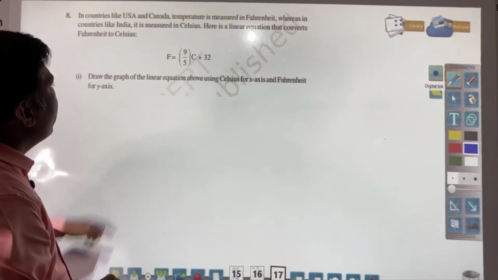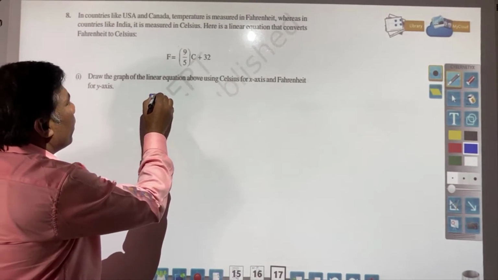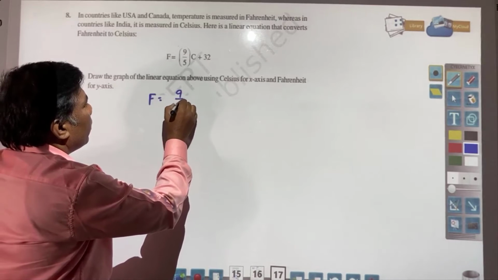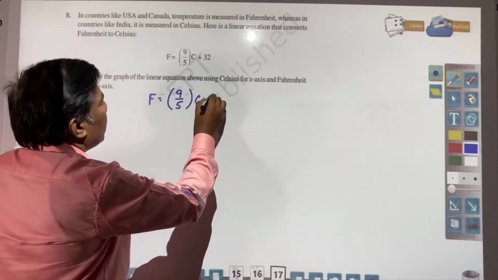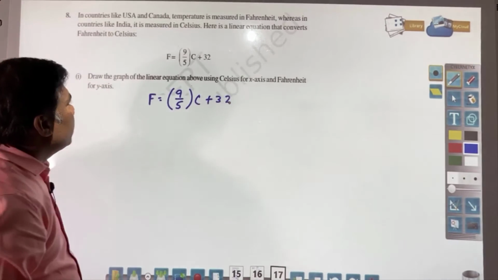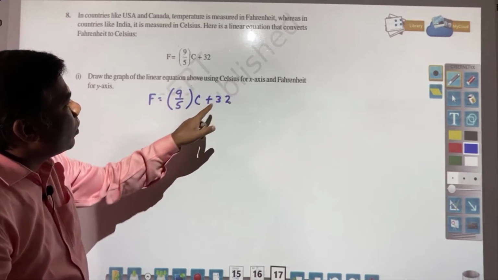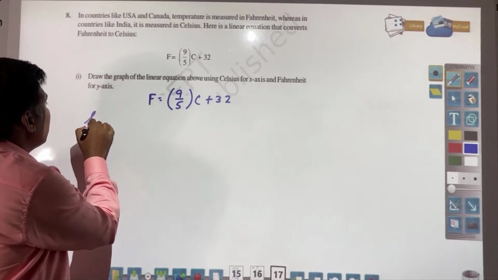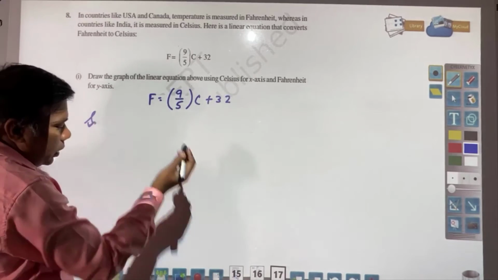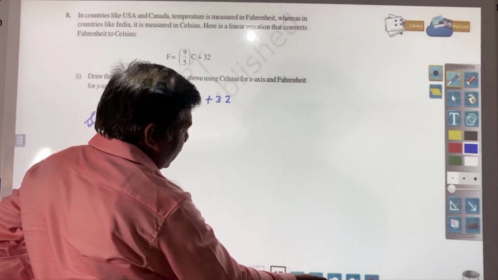If suppose we have F is equal to 9/5 C plus 32, this equation has been given.